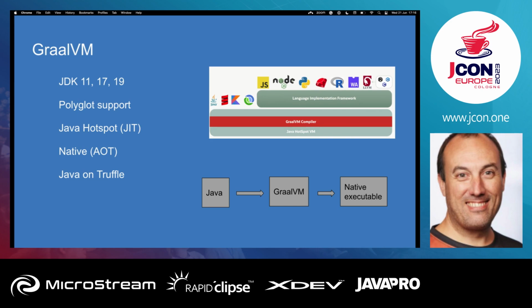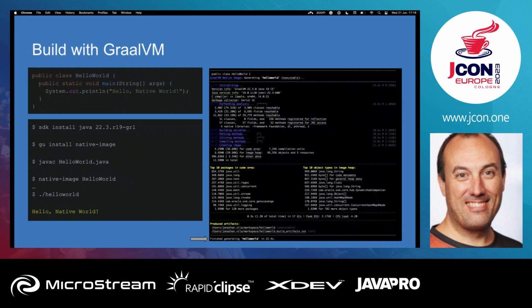It can produce applications for JVM, or it can produce applications directly as a native artifact that doesn't need a JVM to run. There's another option that you can even run Java on a feature called Truffle. Then you can interact with different applications in different languages. So it's about having Java, GraalVM in the middle, and a native artifact on the edge.